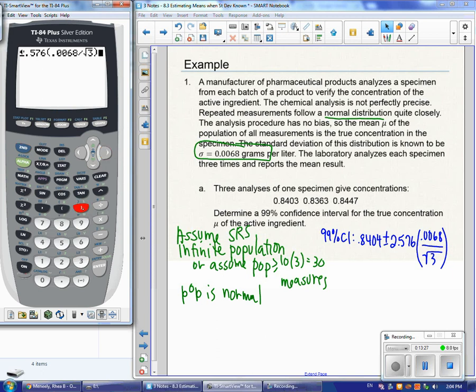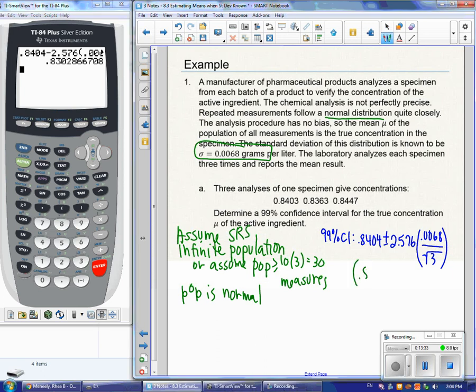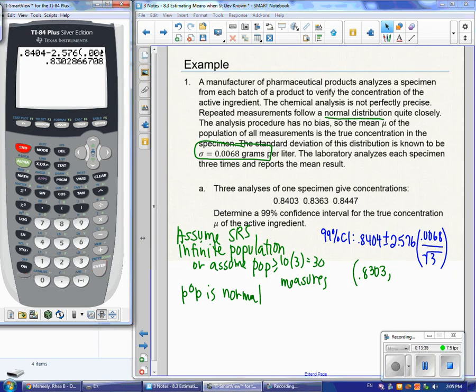Okay, so this is going to be my lower bound, 0.8303. And then I'm just going to hit second entry, and change my subtraction to an addition symbol. And then I can compute my upper bound, 0.8505.